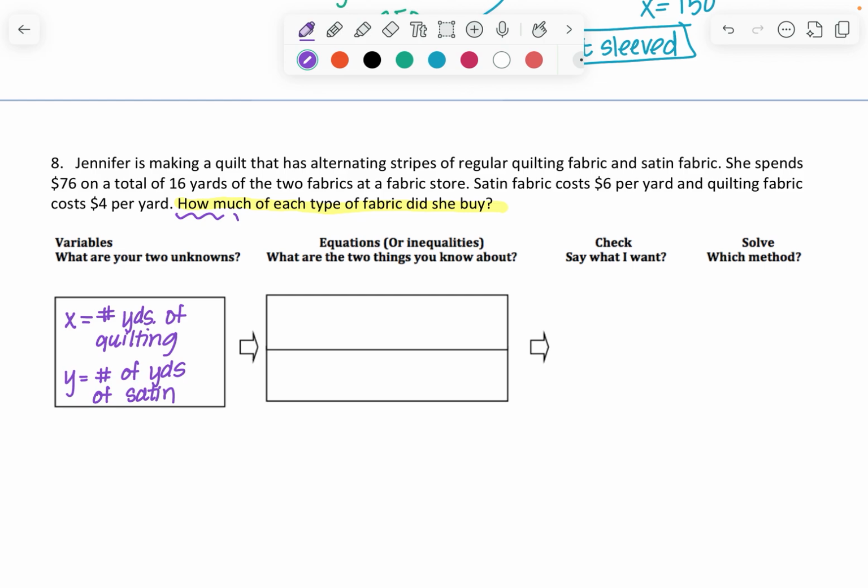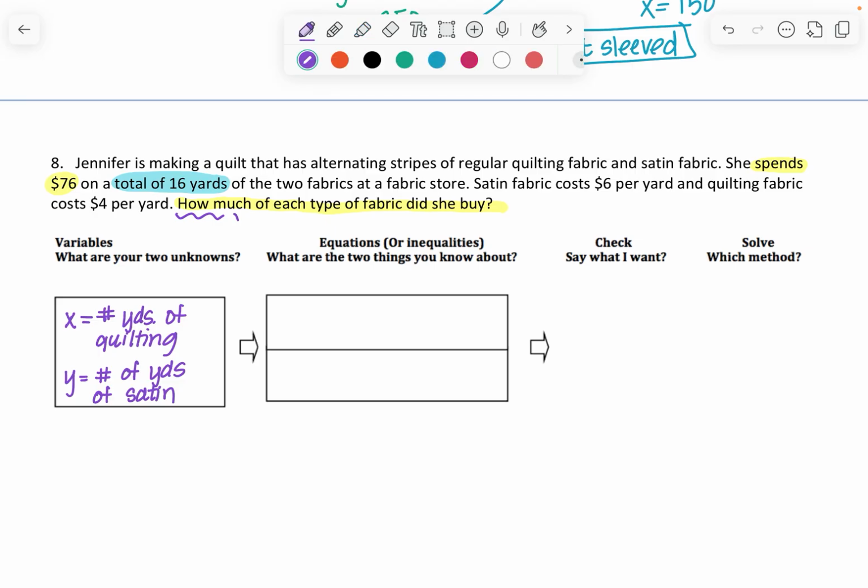Now they told us two different things about it. They told us that she spends $76 total. So that's the total cost. And they told us that she uses a total of 16 yards. So we have a rule for the cost of all of the fabric, and we have a rule for the amount of all of the fabric.